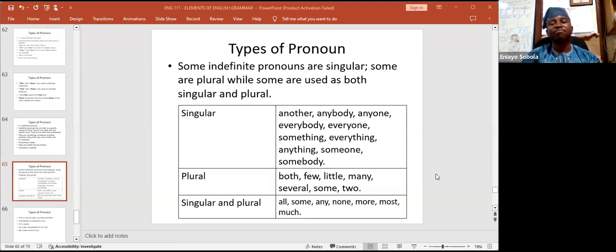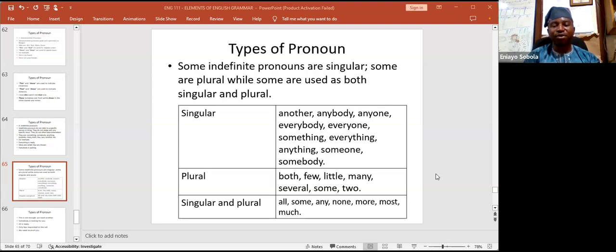So concerning the indefinite pronoun, some are singular, while some are plural, and some are used for both singular and plural purposes. For singular indefinite pronouns, we have another, anybody, anyone, everyone, something, everything, anything, someone, somebody.